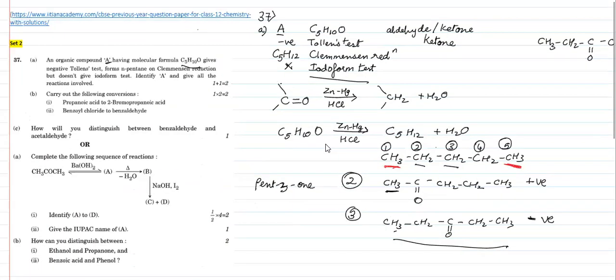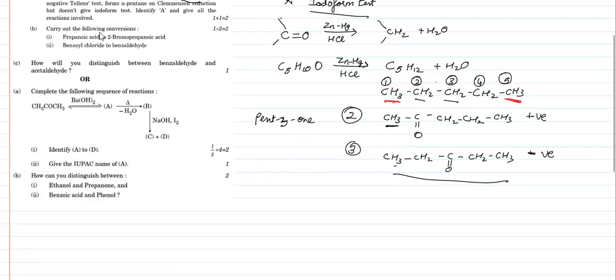So with that, we're done with this question. Let's move on to the next one. We are supposed to carry out these conversions. So let's start with the first one. That is, we're supposed to convert propanoic acid to 2-bromopropanoic acid.